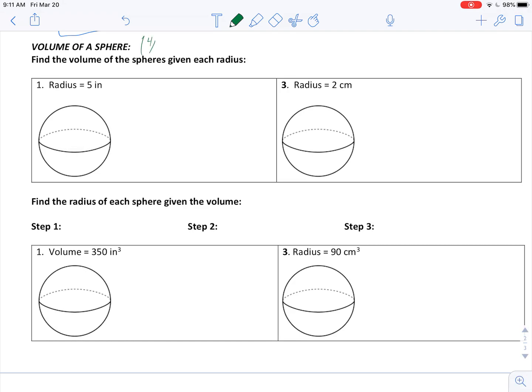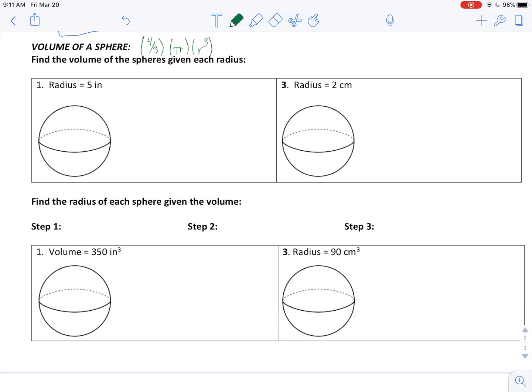And now let's recall our volume of a sphere formula. We had volume equals 4/3 times pi times r cubed now, because we're doing volume. So if I'm giving you a radius, where in the world would I substitute this radius length in my equation?